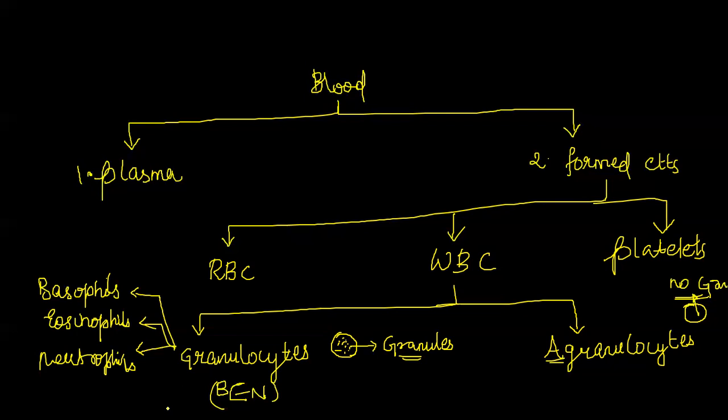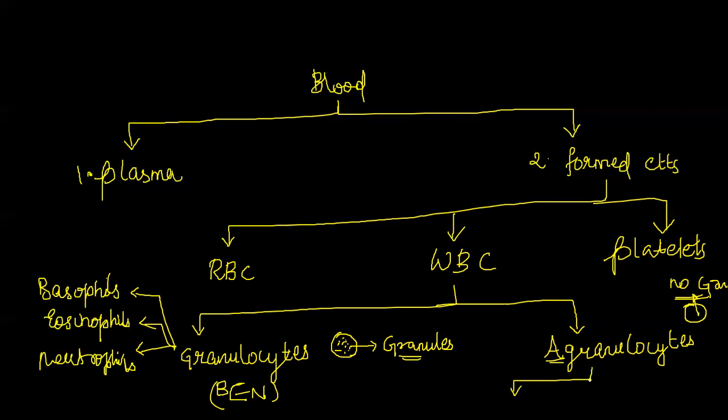Each of them has a different function. One is concerned with inflammatory reaction, one with phagocytosis, one with the immune system, one with the allergic response and everything. Okay, let's discuss in detail about all those things.